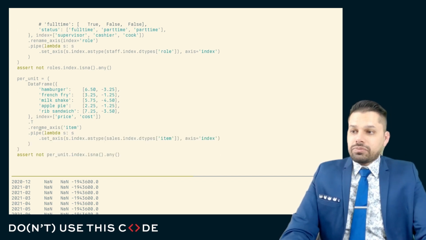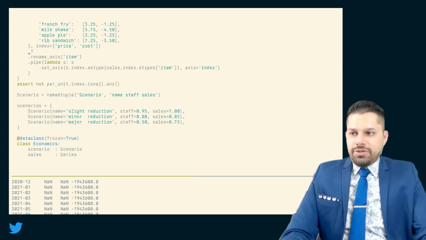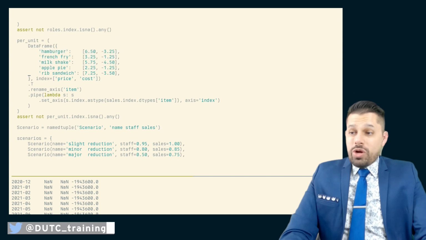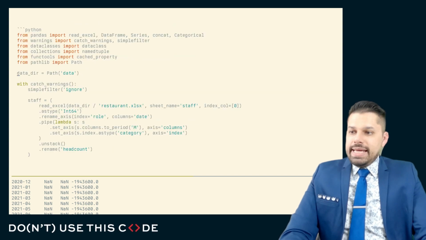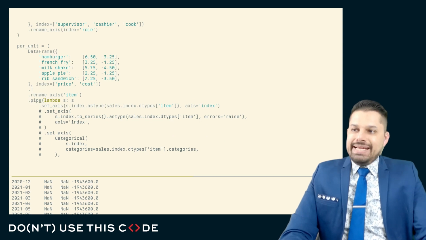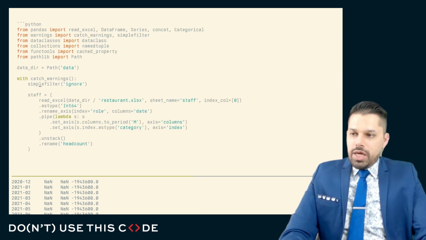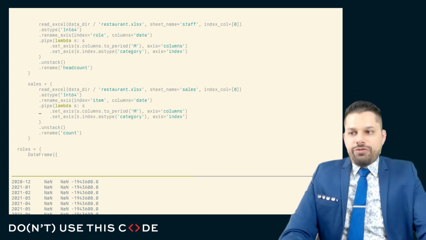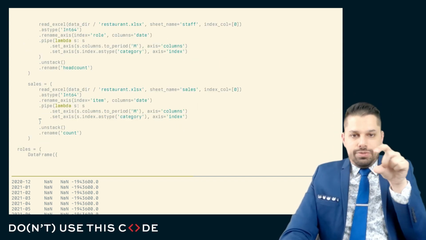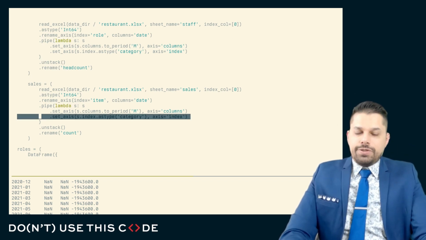For example, when we take a look at these index values that we're setting on this data frame here, one of the things that we might want to do is make sure that they match up to exactly the index values in the thing that we read from the spreadsheet. So when we read from the spreadsheet, we'll make sure that all of the labels on those rows for the items that we're selling are categorical values.